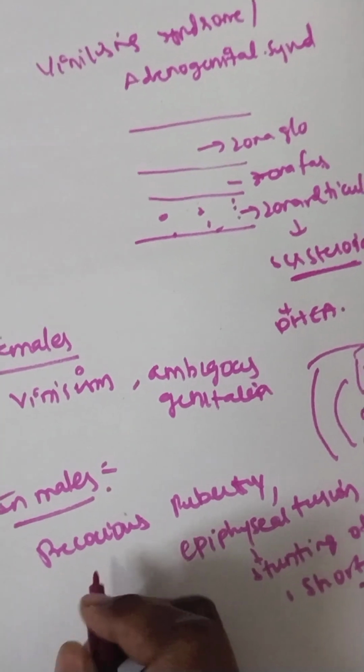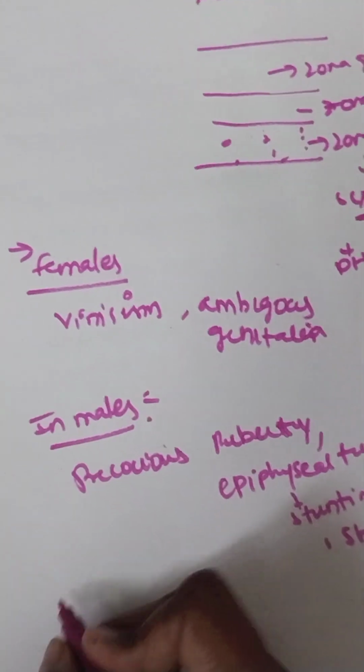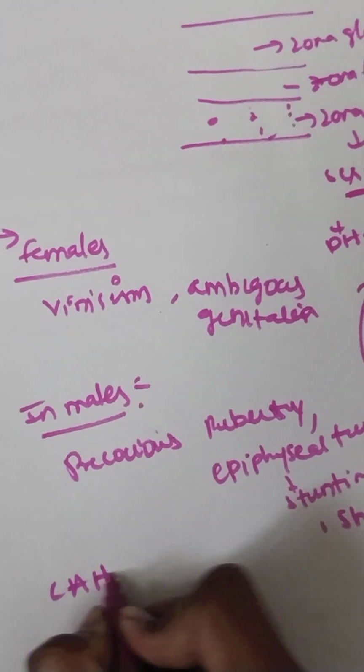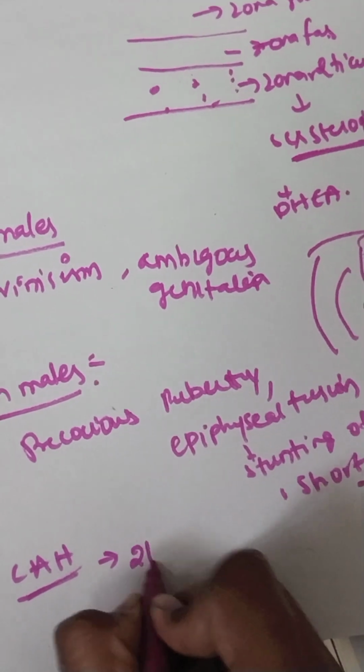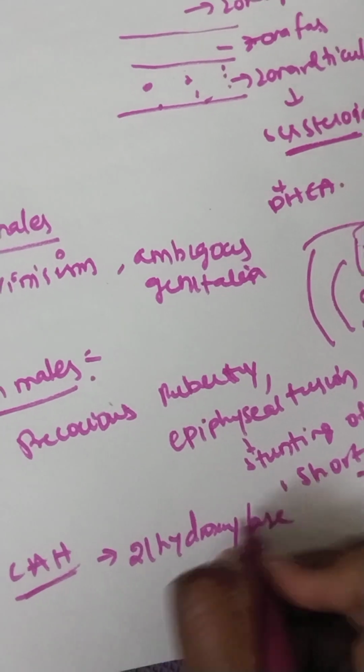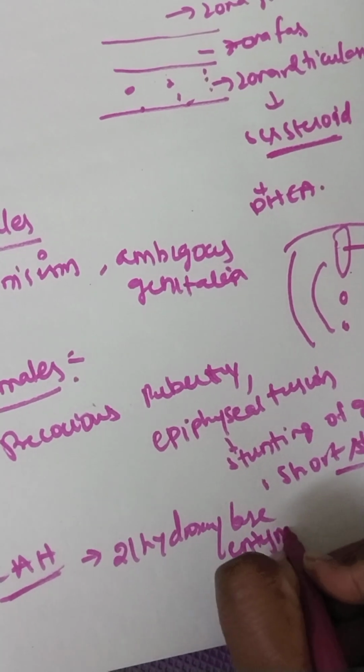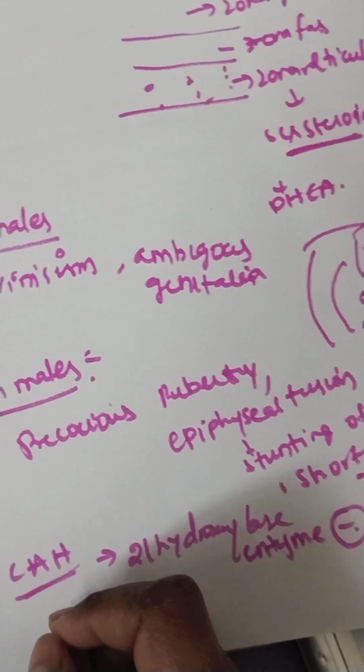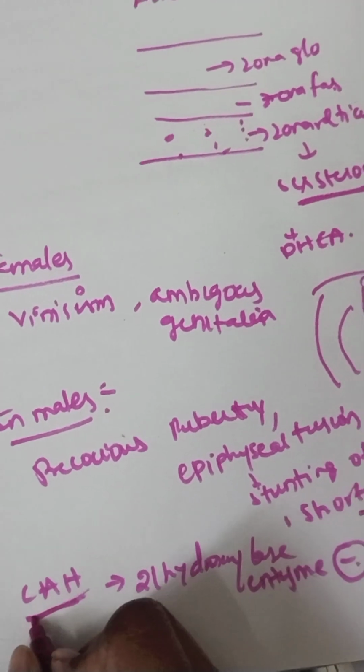And another thing is congenital adrenal hyperplasia due to 21 hydroxylase enzyme deficiency.